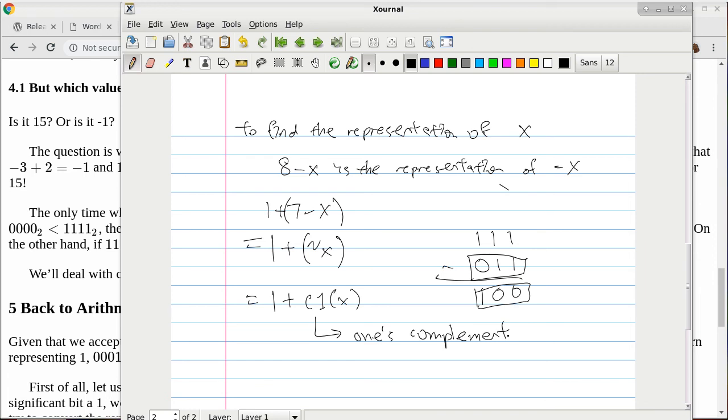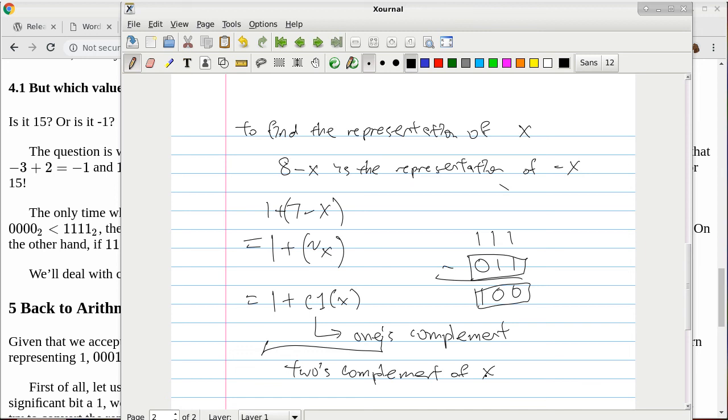What about the whole thing? 1 plus 1's complement of something. That whole thing is called, guess what? 2's complement. So this entire thing is called 2's complement of x. And it does the same job as arithmetic negation.